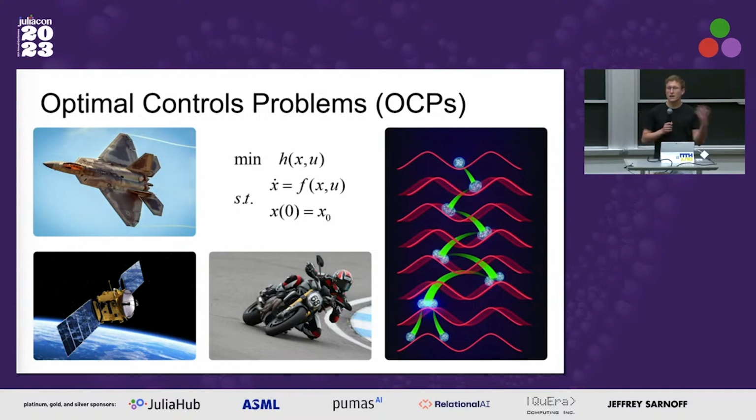Or how can a satellite, for example, adjust its trajectory or its orbit using the least amount of fuel? Questions of optimization like this are called optimal controls problems, and their solutions essentially affect every single walk of our lives. So it's very valuable to be able to answer them.